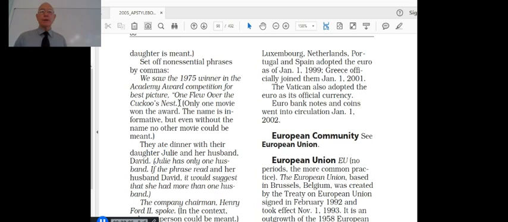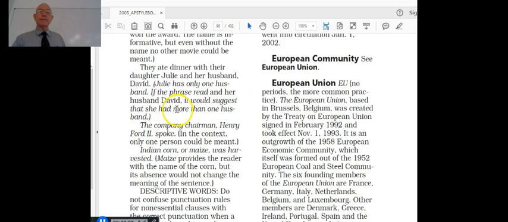The name is informative, but even without the name, no other movie could be meant. So they set it off with commas. They put a comma after picture, and that becomes non-essential. It's helpful, but non-essential.